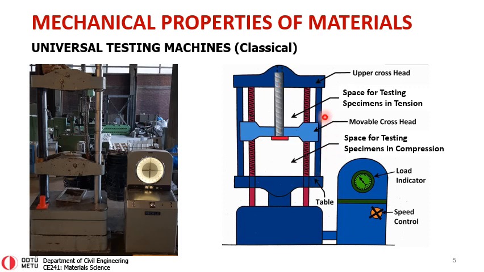Or sometimes we want to test a steel rebar in tension, then we place that at the top space, and again we move the crosshead downwards, applying a tensile load to this rebar, and then a reaction force will occur at the top, and we will be testing the uniaxial tensile strength of the steel rebar.